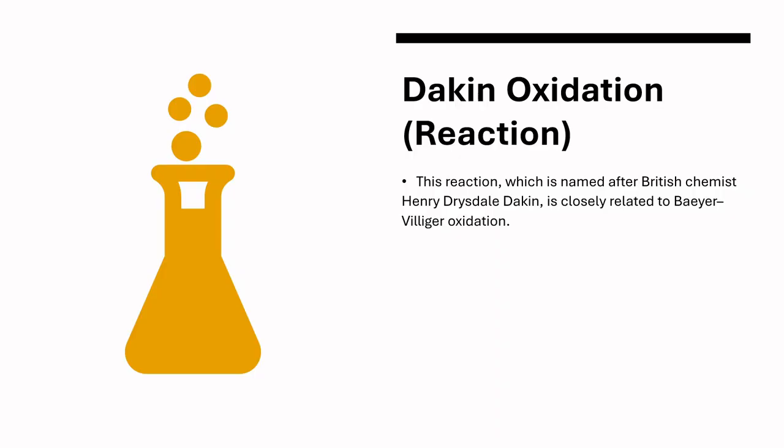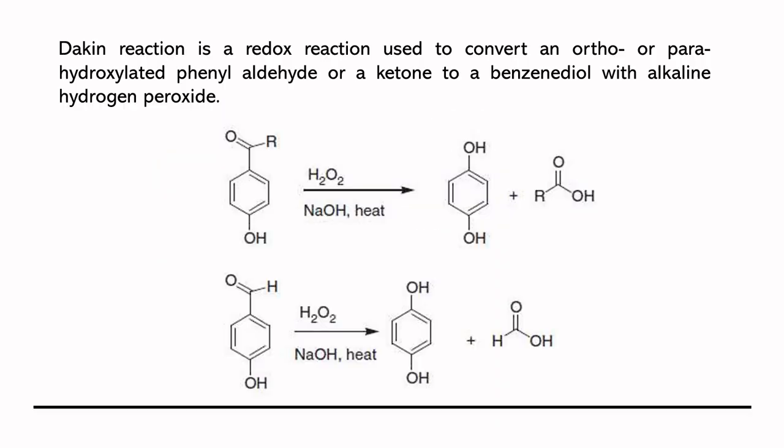This reaction is named after the British chemist Henry Drysdale Dakin, and it is very closely related to Baeyer-Villiger oxidation, which you might have already studied during your course. So Dakin reaction is a redox reaction which is used to convert ortho or para-hydroxylated phenyl aldehyde or ketone.